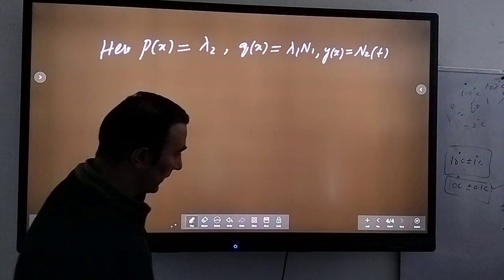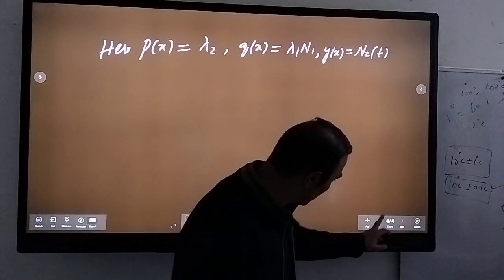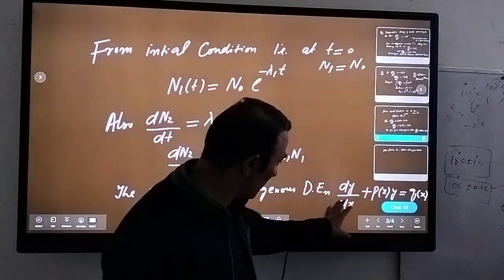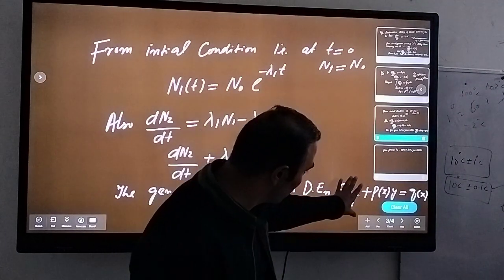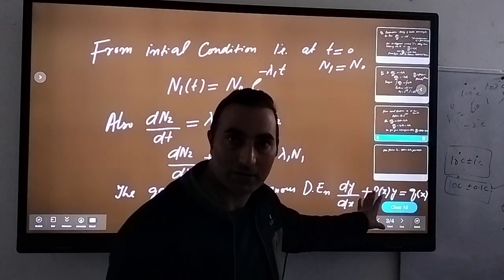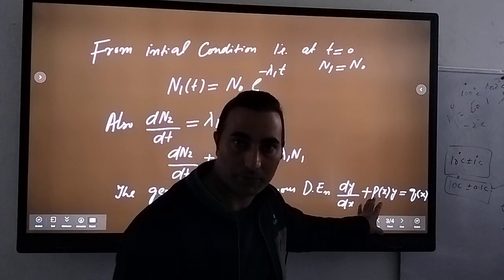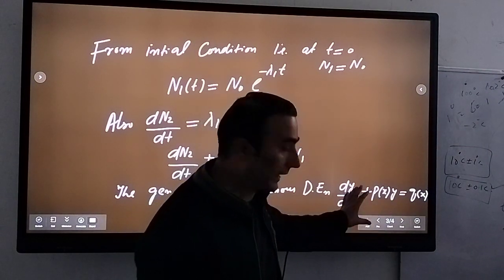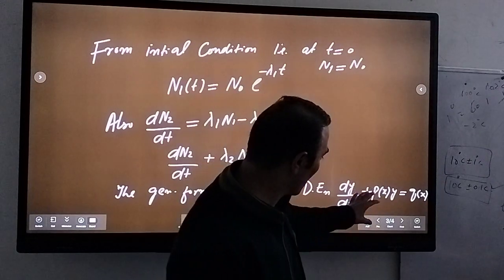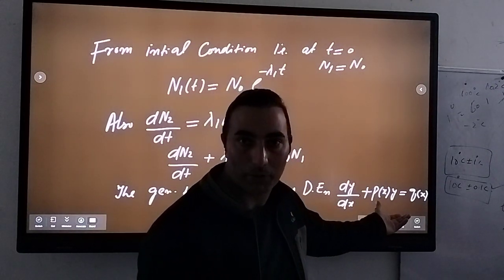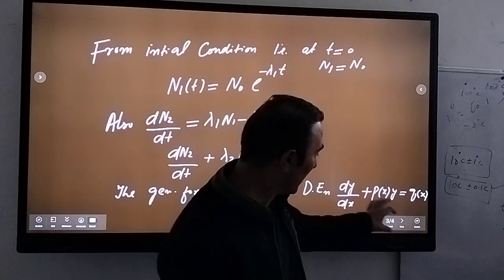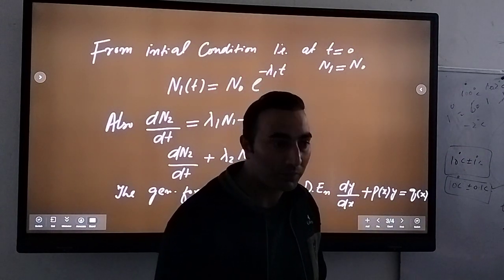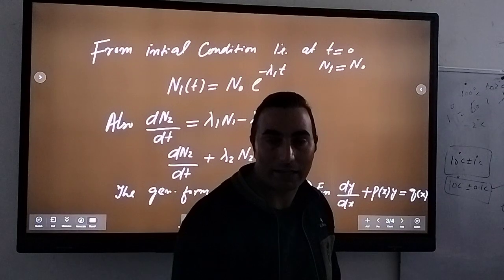Now you already know the general form of this inhomogeneous differential equation, and you know the solution. We have already calculated how to find the solution for this kind of differential equation. It will be y of x equal to e raised power minus integral p x dx, that's the integrating factor.